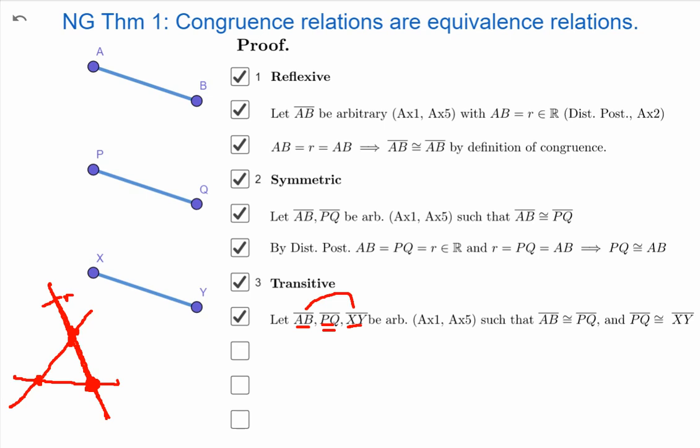And since between any 2 points there's a unique line that connects them, we also know that there are infinitely many lines. So it's perfectly legit to say, let these 3 line segments and these 6 points be arbitrary.